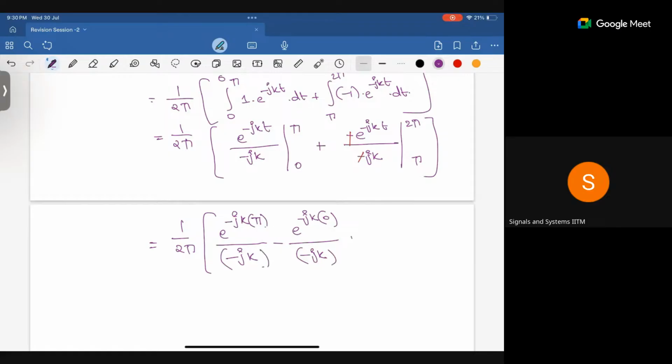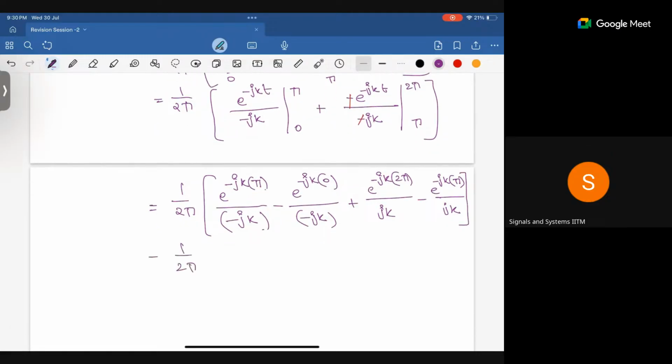That is the first limit substitution. And then the second one, it will just be e power minus jk 2 pi divided by jk minus e power minus jk pi divided by jk. Right, so that's the second.